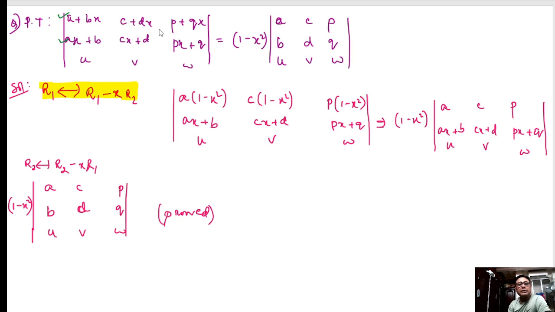Okay, similarly this minus X times this, and here we write it. Similarly this minus X times this. So here we write it.